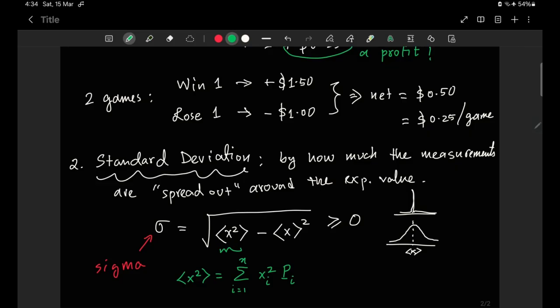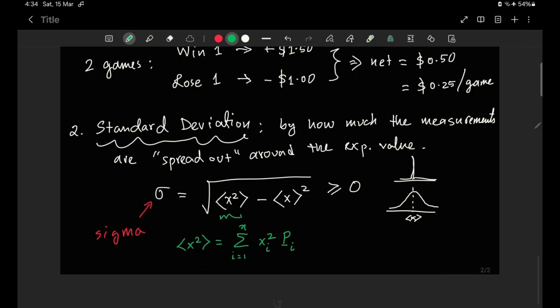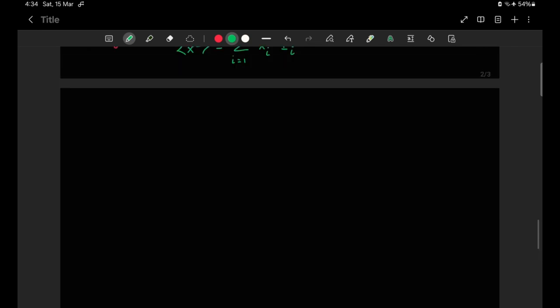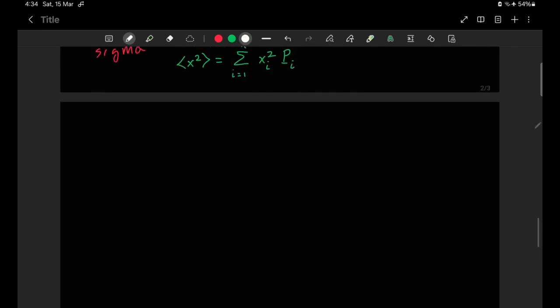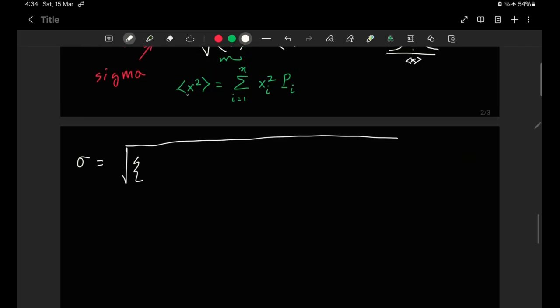Now for our simple game, let's calculate what the standard deviation is. So sigma, for our case, would be the square root, and we have to calculate the expectation of x squared.